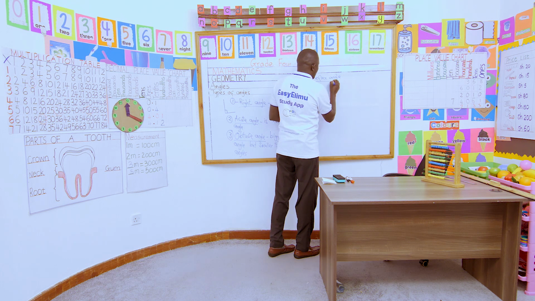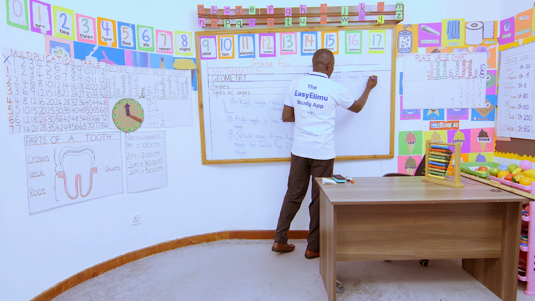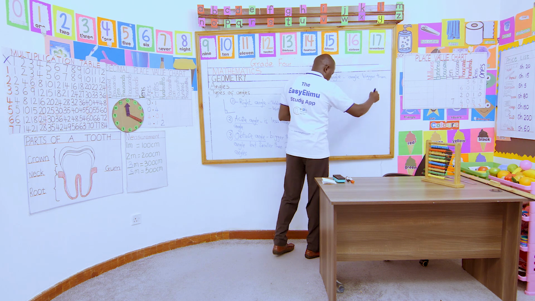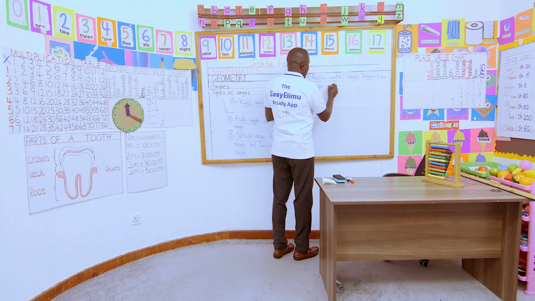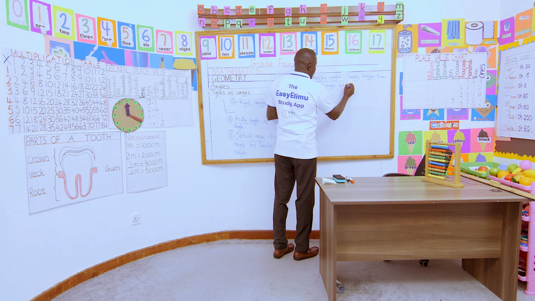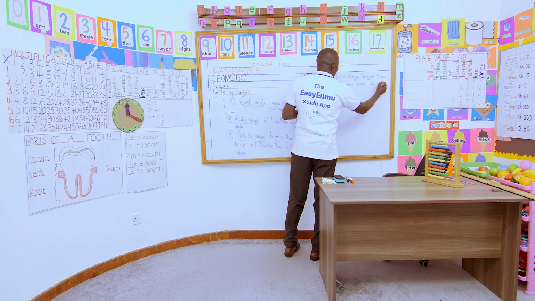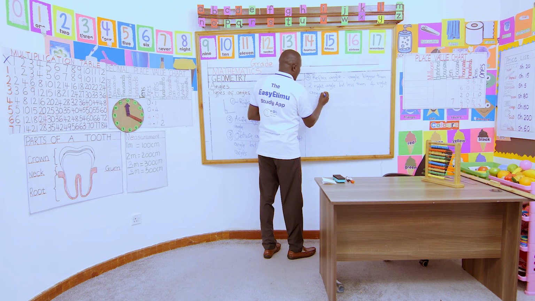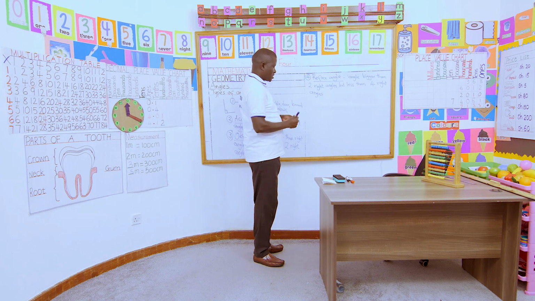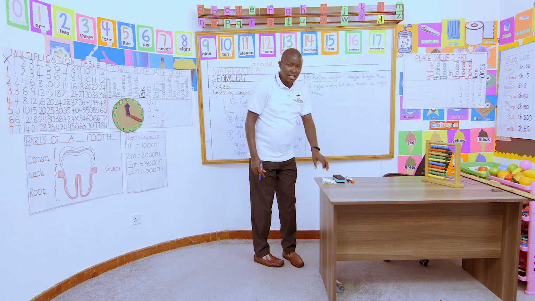This is an angle bigger than two right angles, but less than 4 right angles. It is bigger than two right angles but less than 4 right angles.